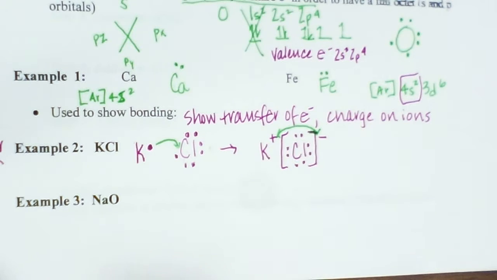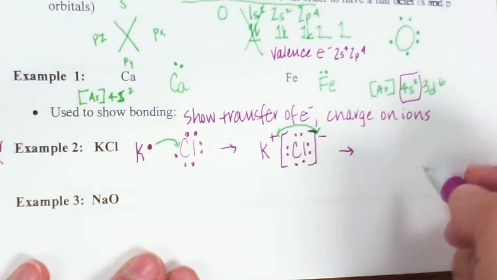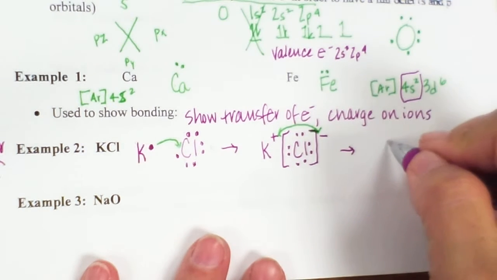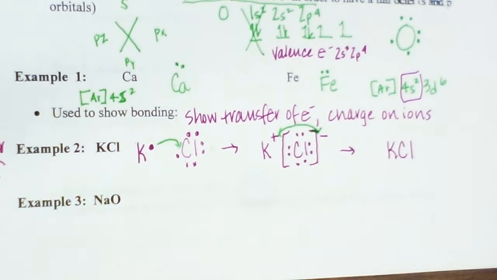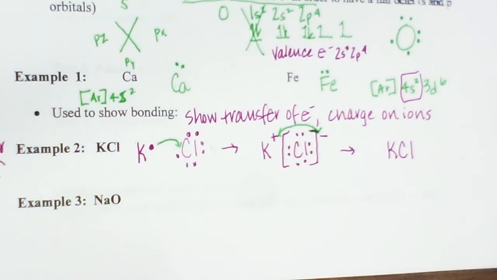It's important to note that in ionic structures, it's not the transfer of electrons, it's the electrostatic attraction of the ions themselves. This brings us to potassium chloride, because the potassium positive and the chloride negative are attracted to each other, not because of the transfer. We're going to talk about that in a minute.